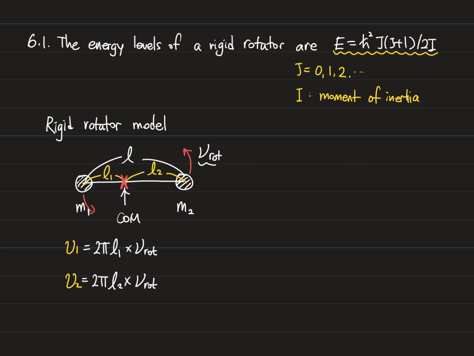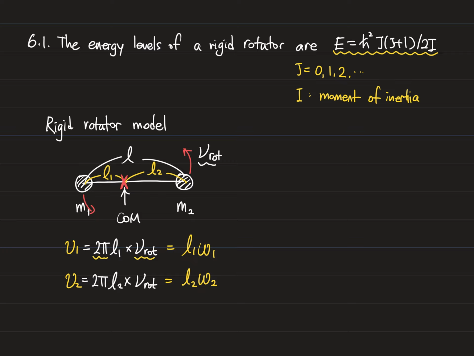And we can introduce the angular velocity. The angular velocity is defined as 2 pi multiplied by the frequency. So that means v1 is L1 omega. And similarly, the velocity for the second particle can be defined as L2 multiplied by omega.